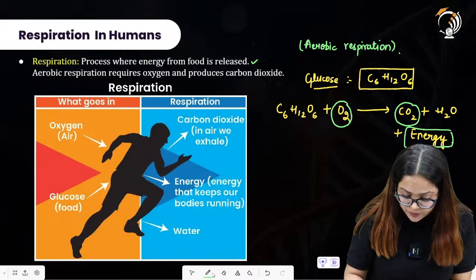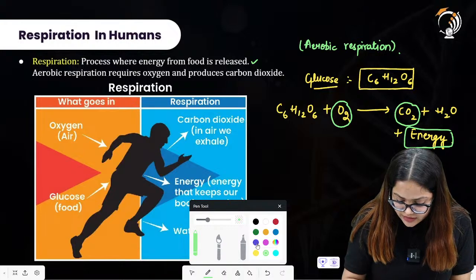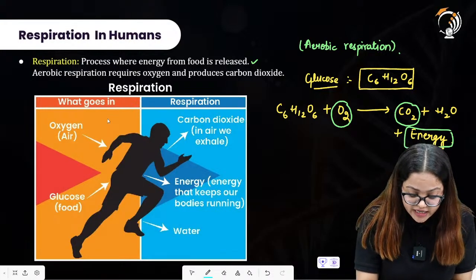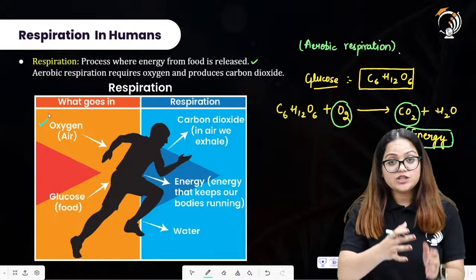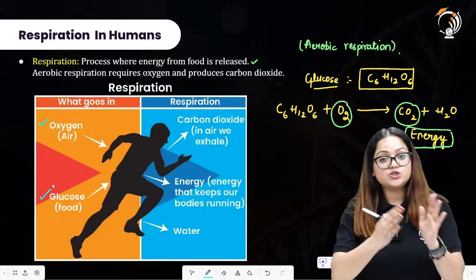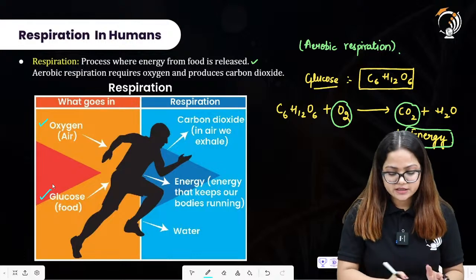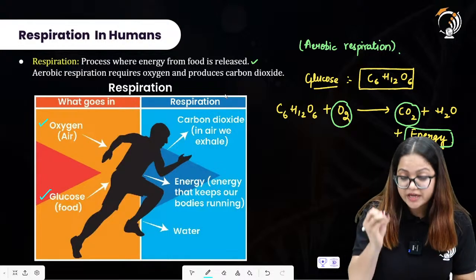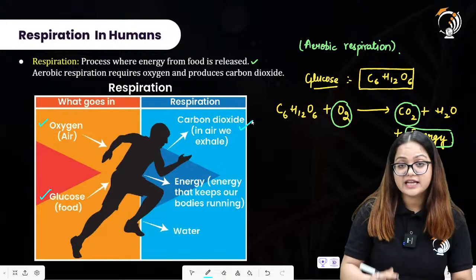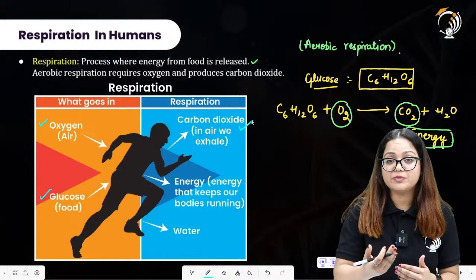Now, in this particular diagram, you can refer to this here. What goes in? Oxygen is going into the body from the air. Glucose is going into the body from the food that we eat. And the respiration process releases carbon dioxide as a product in the air that we exhale, that we breathe out.